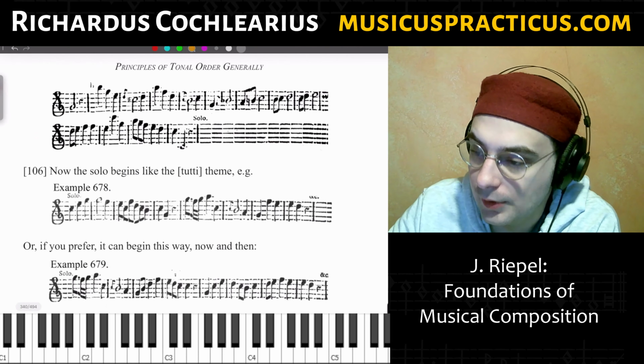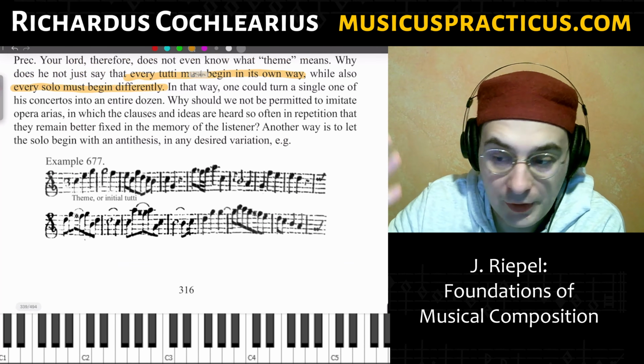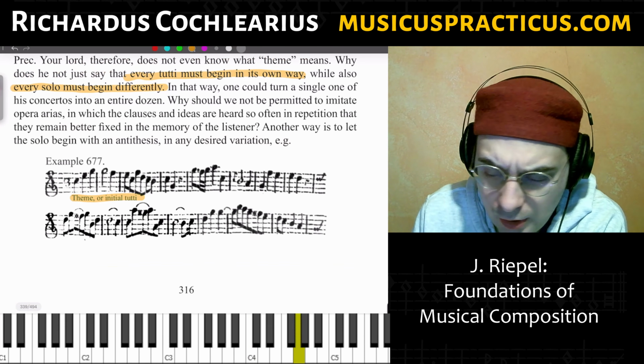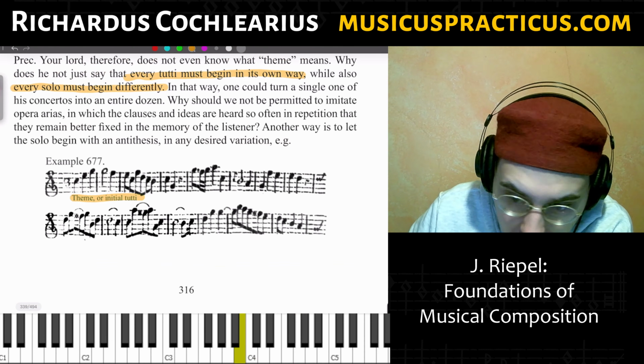So here we have an example. Now, tutti, theme or initial tutti. Do, mi, sol, sol, fa, mi, do, fa, sol, fa, mi, fa, do.